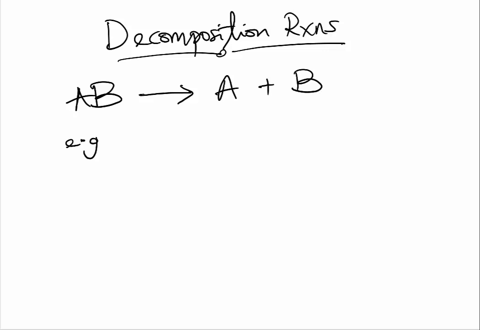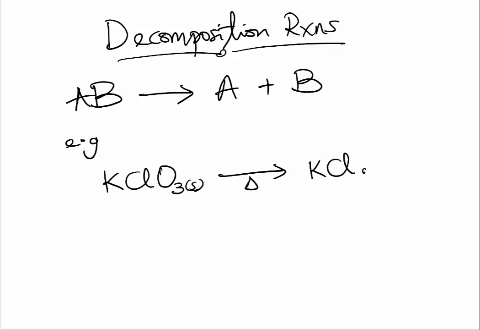If you want to generate oxygen in the lab and you take some potassium chlorate and you heat the potassium chlorate, you will get potassium chloride and oxygen gas.